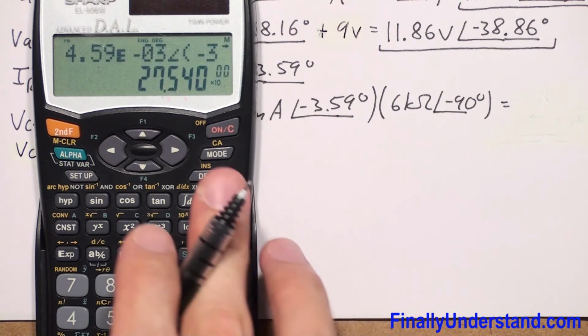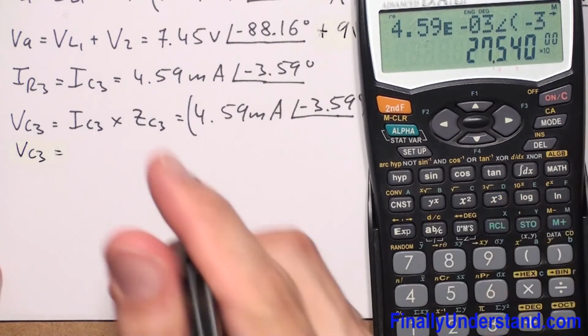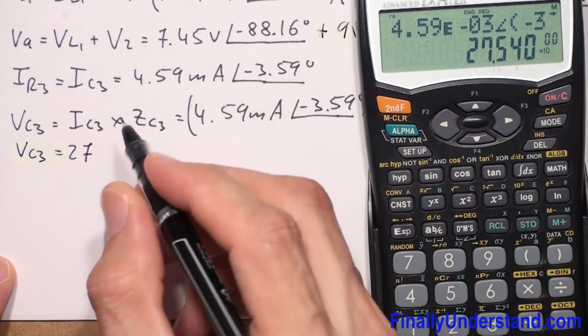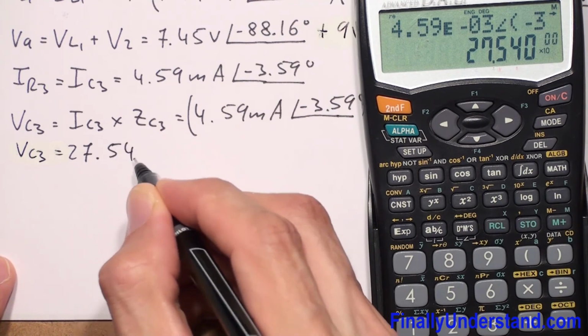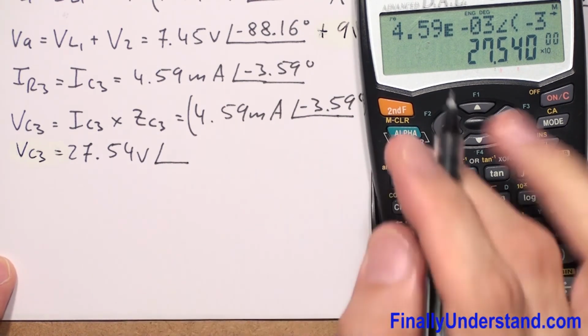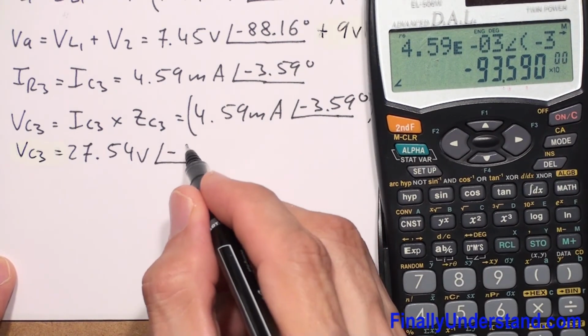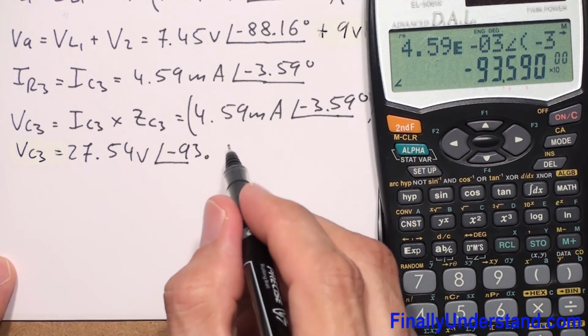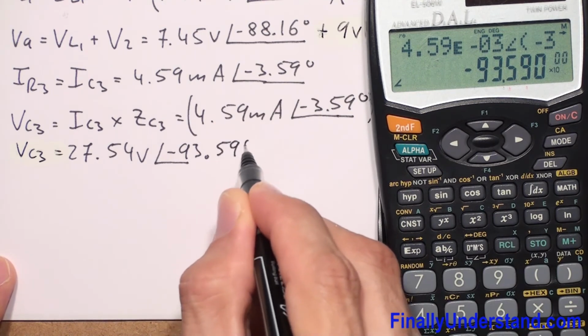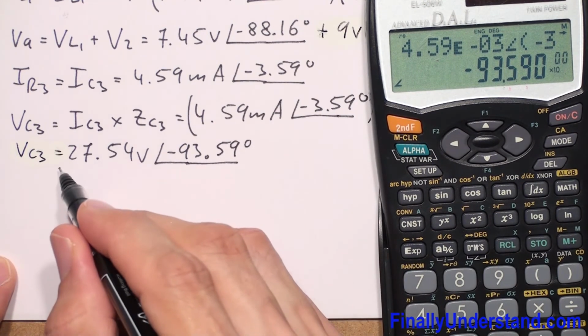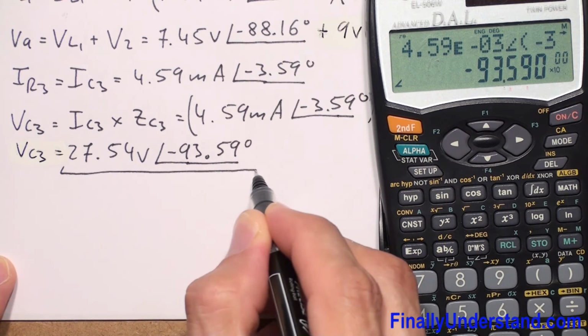This is equal to 27.54 volts and angle of negative 93.59 degrees. Okay, so this is my VC3.